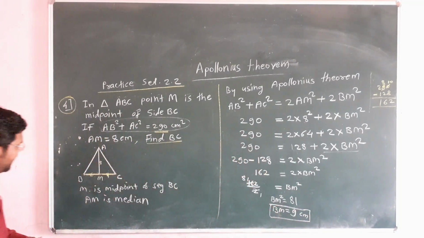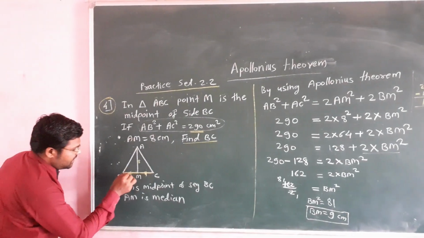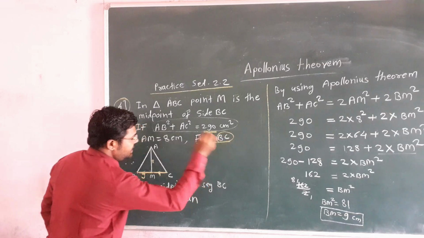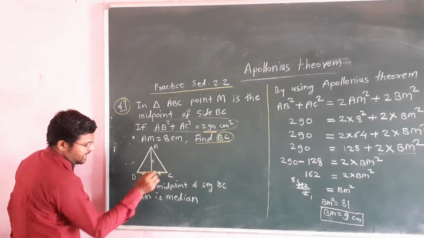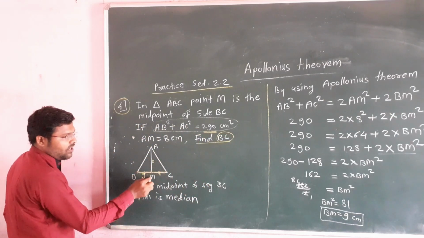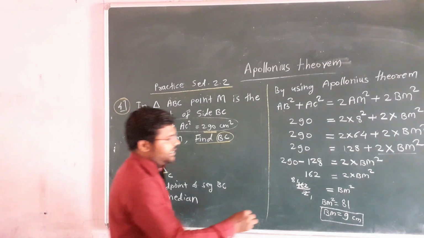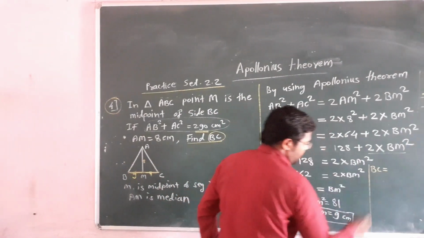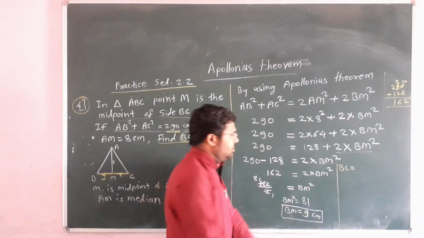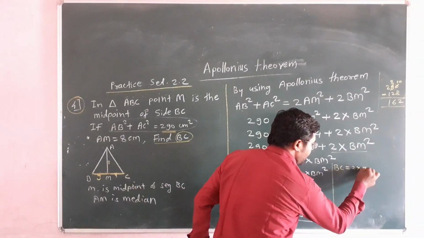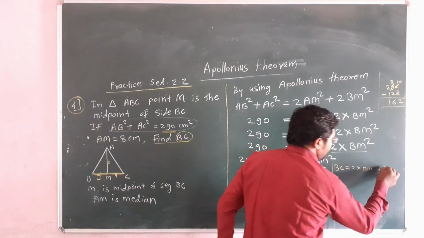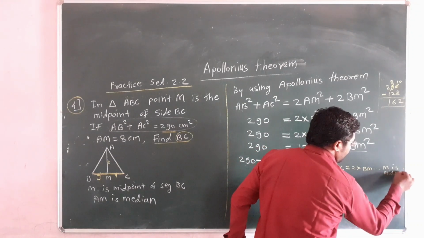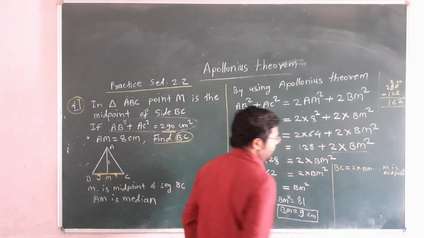Okay, our BM, the length of BM, is 9. So what will we find out? BC. BC is double of BM because M is the midpoint. So write here BC is equal to 2 into BM because M is the midpoint.